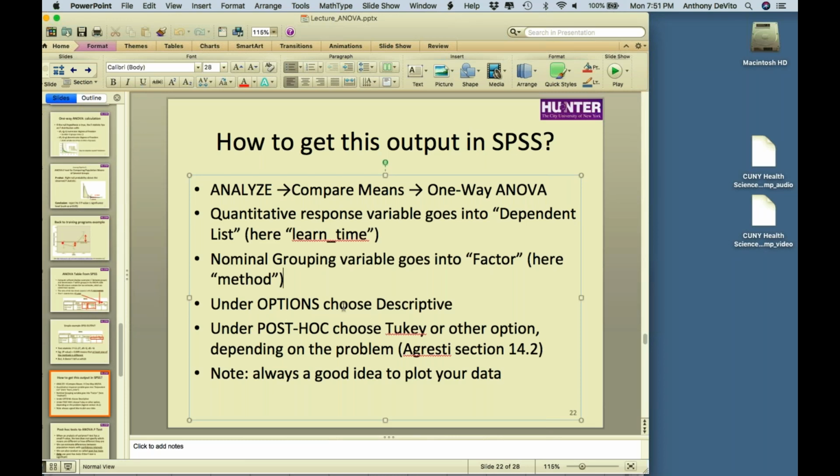Now if you go into options, you can also check off descriptives, which, in addition to doing the analysis of variance, will give your descriptive statistics, that table with the means and the standard deviations. I like doing it before I even do the test, but you could do it with the test if you wanted to.